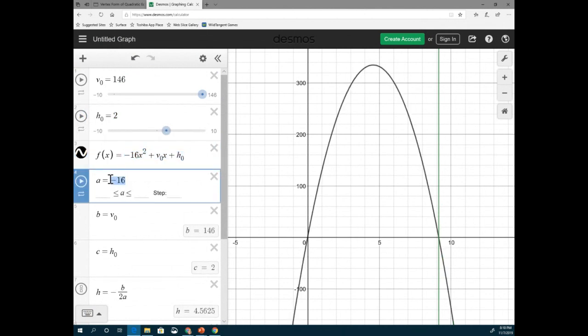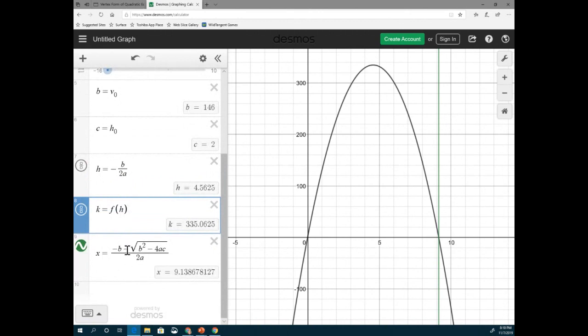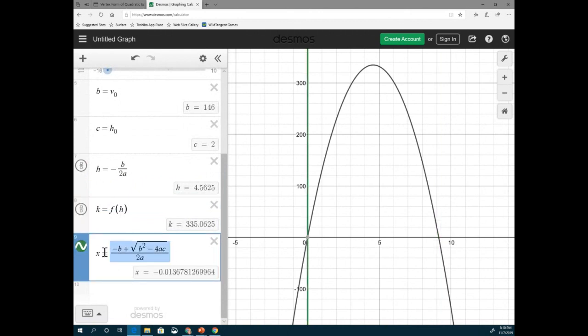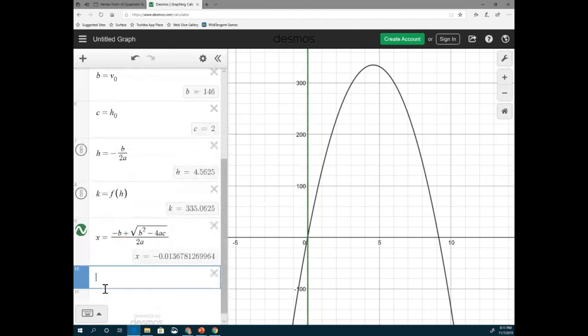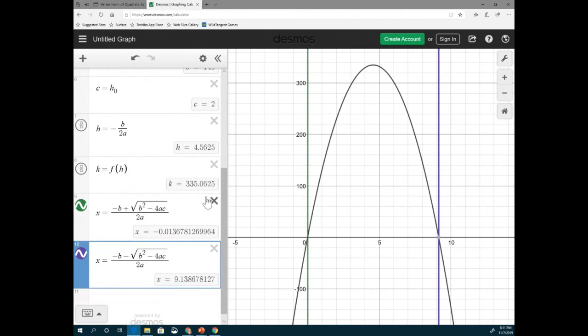I told Desmos what my a value is, what the b value is, and what the c value is. I plugged in the formula for the first value of the vertex. I plugged in the formula for the second value of the vertex. And then I plugged in the quadratic formula with the plus. And I can even copy that and do it again with the minus. And you can get both values.